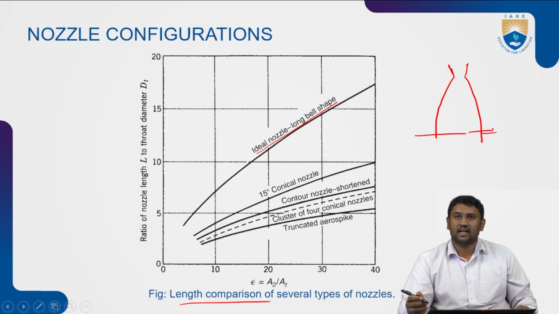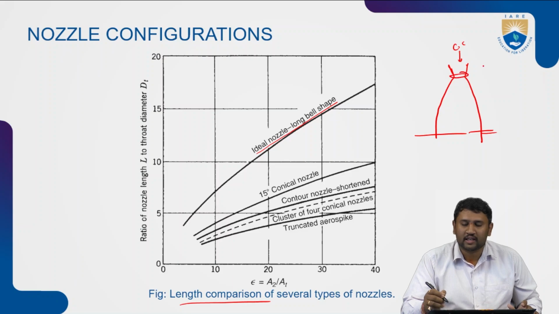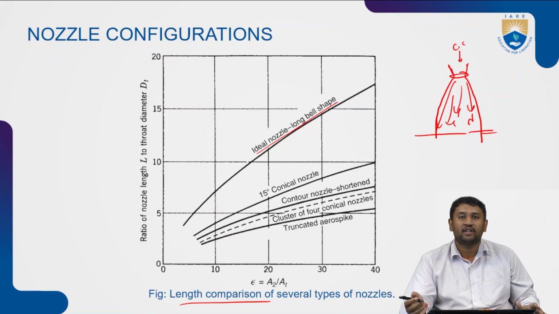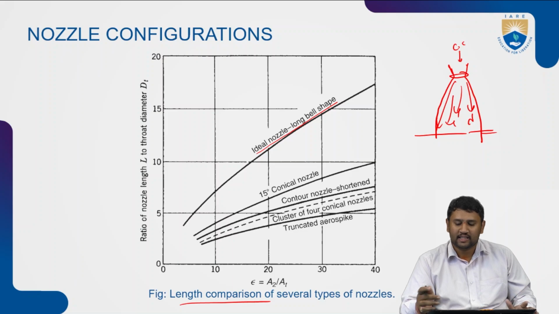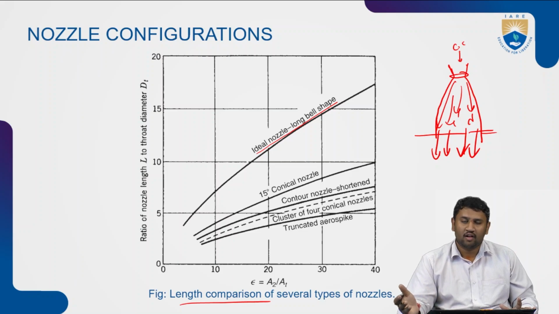If I am considering this as an ideal long nozzle, what happens? From the combustion chamber, the gas is supposed to converge, particularly in the convergent section of a nozzle. Then at the throat, the maximum compression, particularly the mass flow rate, unity mass flow. Then the flow gets out following the nozzle wall area, such that it diverges, giving me the maximum flow value. Right, that will be my long nozzle.